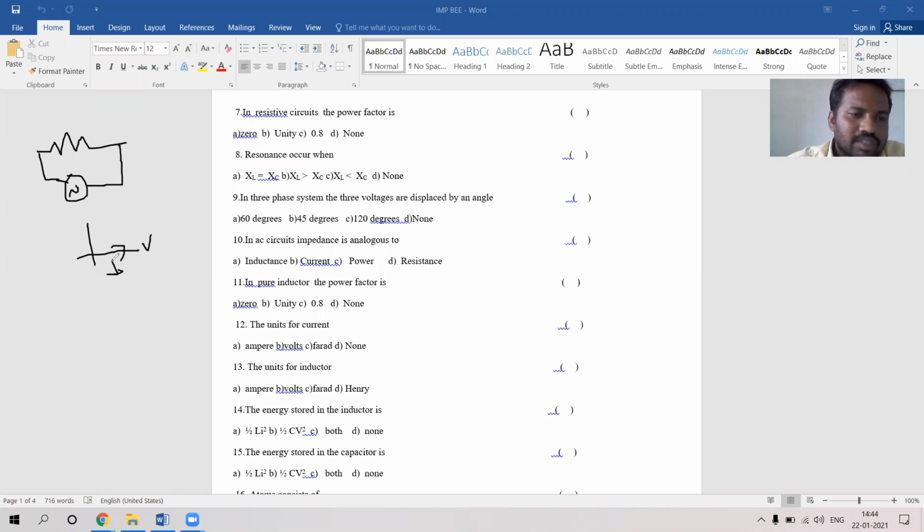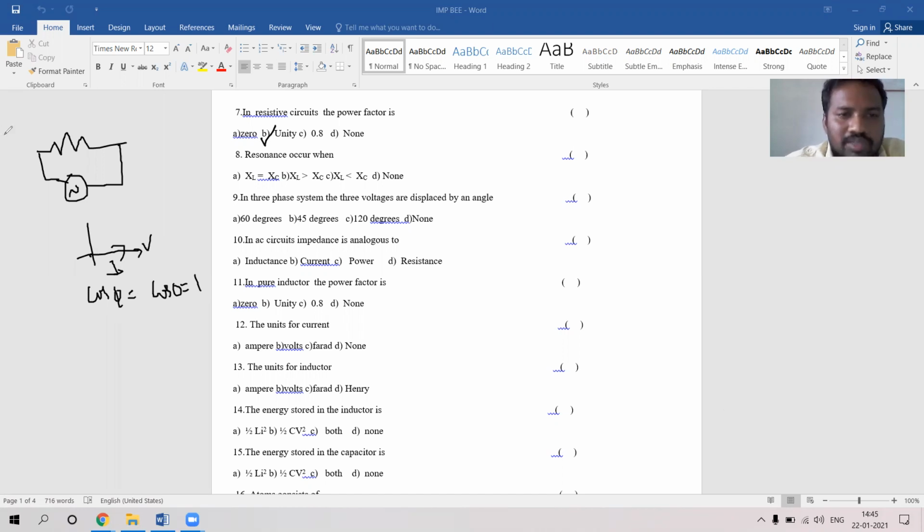If this is current and this is voltage, both are in phase. What is the angle between voltage and current? Cos phi is equal to, there is no angle, that is cos 0. Cos 0 is 1. So the power factor is unity for resistor.